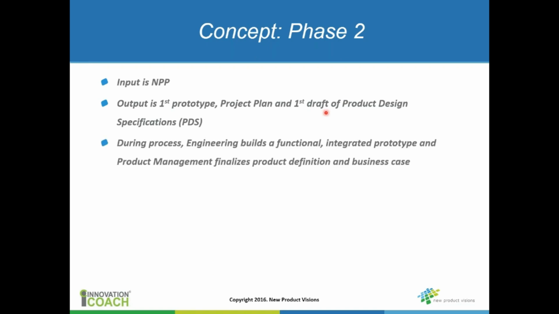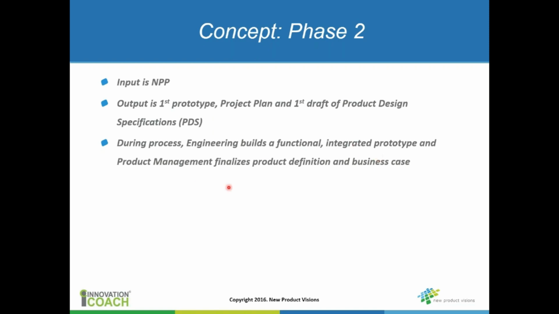During this phase, engineering is going to be building a functional integrated prototype, in concert with some basic design activities. The deliverable here is an integrated prototype, and all the design tasks you're going to have to do in order to get to that point.